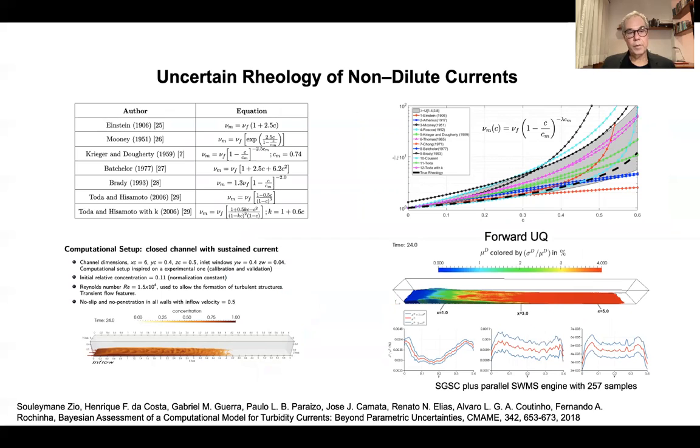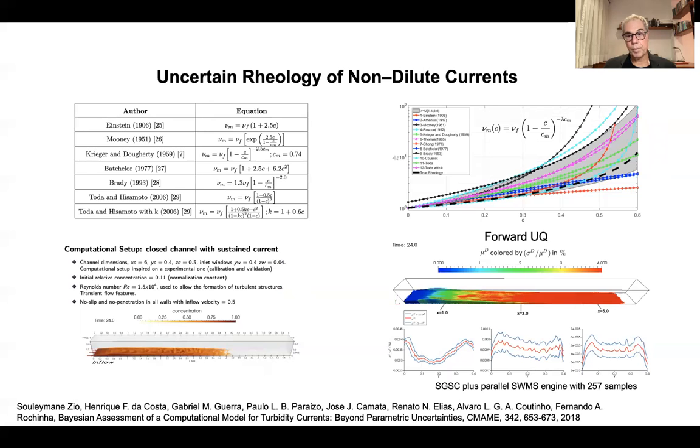Changing gear now. As you see, we also have cases where the viscosity depends on concentration, and there are a lot of closure relationships available. In this table, you can see different authors and different functional forms of this dependence of the viscosity on the concentration. These basically try to reproduce different lab experiments.